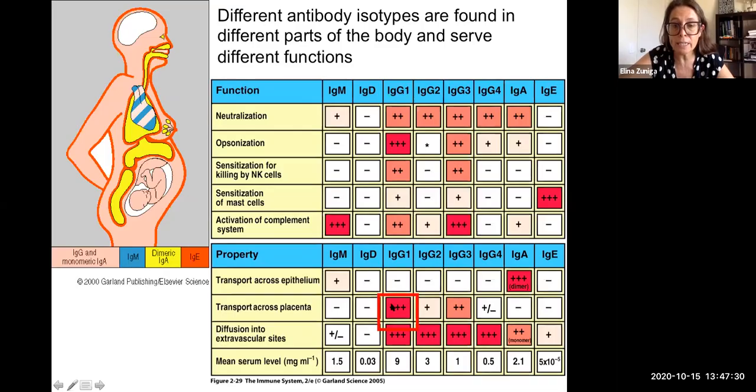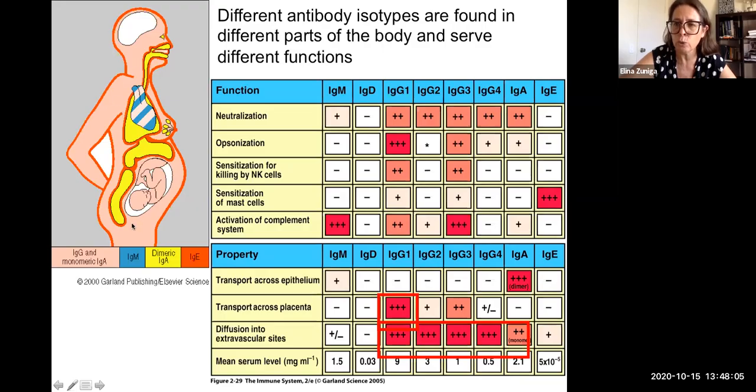So IgG is very interesting, specifically IgG1 can be transported via the placenta, so that's why IgG is here in the baby, okay? And also, IgG exists in a monomeric form. It's always monomeric, so it's really good at extravasation. And that's why, like the monomeric IgA, they will, again, be good at diffusion into extravascular sites, and they will be present in the tissues, okay?